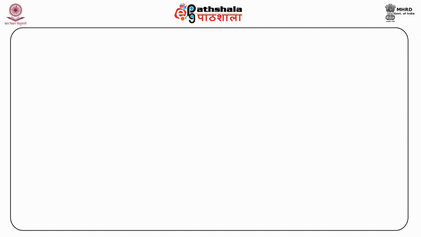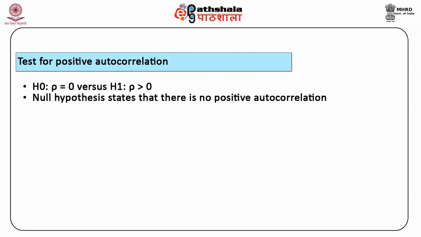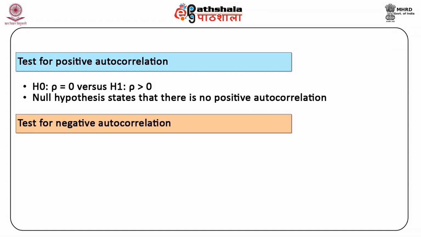The first hypothesis could be a test for positive autocorrelation, where our null hypothesis H0 is rho is equal to 0 versus alternative hypothesis H1, rho is greater than 0. In this case, the null hypothesis states that there is no positive autocorrelation. The second hypothesis could be a test for negative autocorrelation.